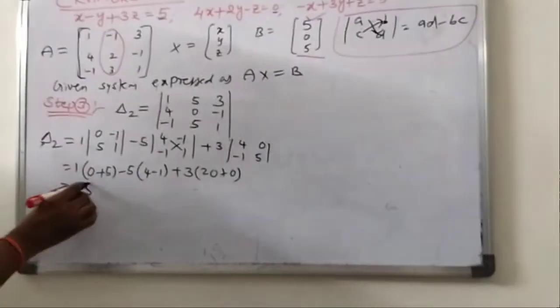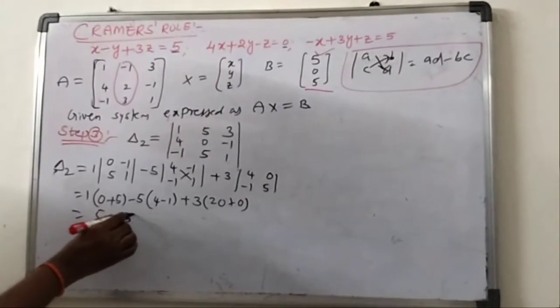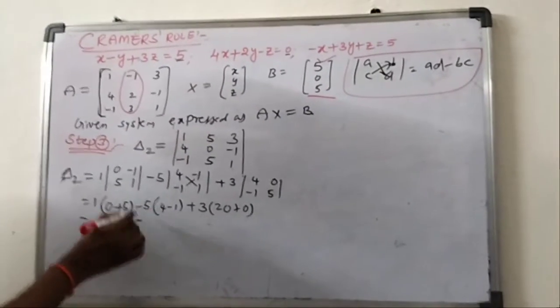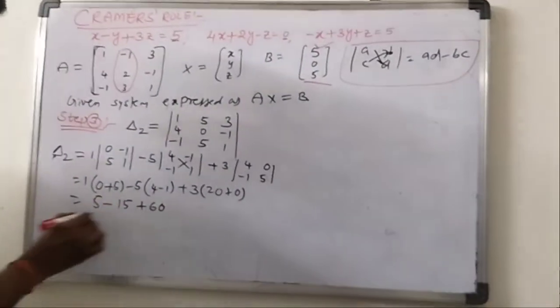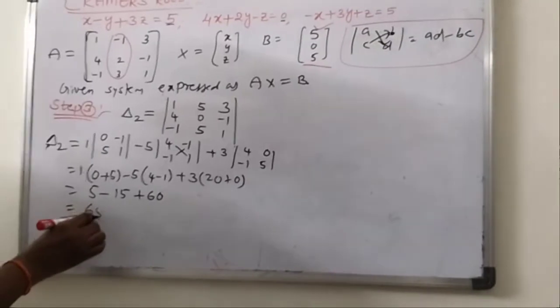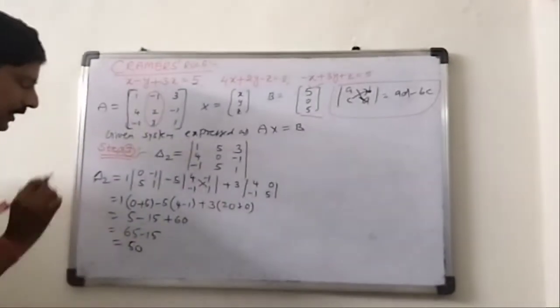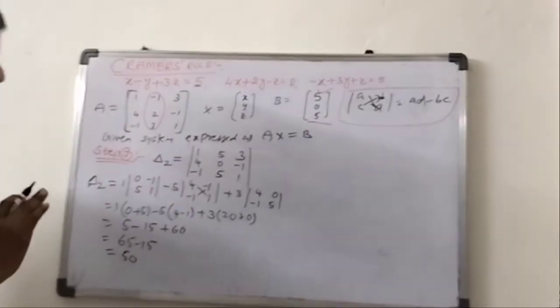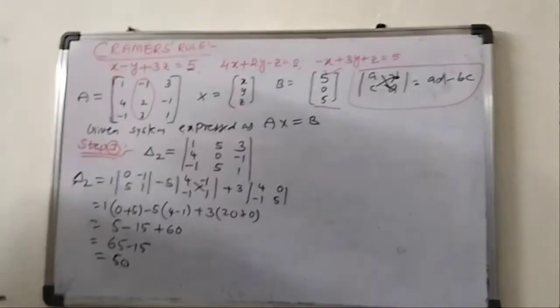So 5 ones are 5, 4 minus 1 is 3, 3 fives are 15, plus 3 twenties are 60, 60 plus 5 is 65 minus 15, that is 50. Okay students, so step 3 is over. We have found delta 2. Now coming to the next step.